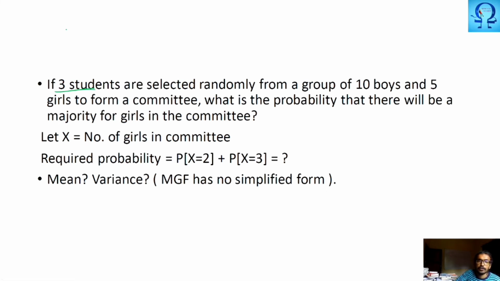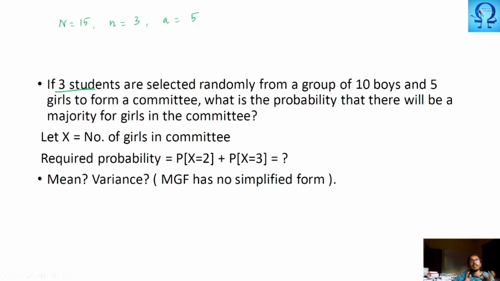Now if you see, your N is total 15, and you are selecting 3 students. And A is what you are expecting, girls, so your A is 5. Now what is the probability that the majority in the committee is girls?